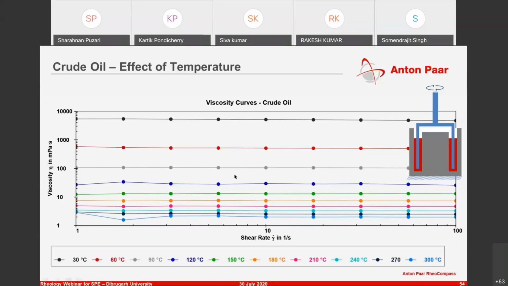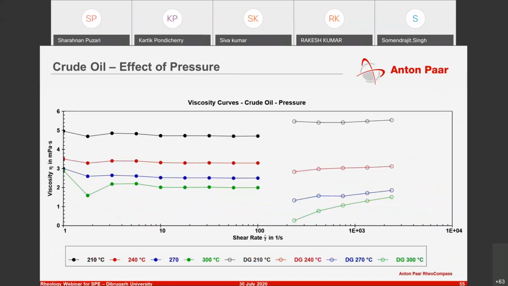Great. So yeah, here you see the effect of temperature. By going from 30 degrees to 300 degrees, you have almost 4 orders of magnitude change in the viscosity of your sample. And if you're looking at the effect of pressure, this is one place where I am not that convinced about the effect of pressure.